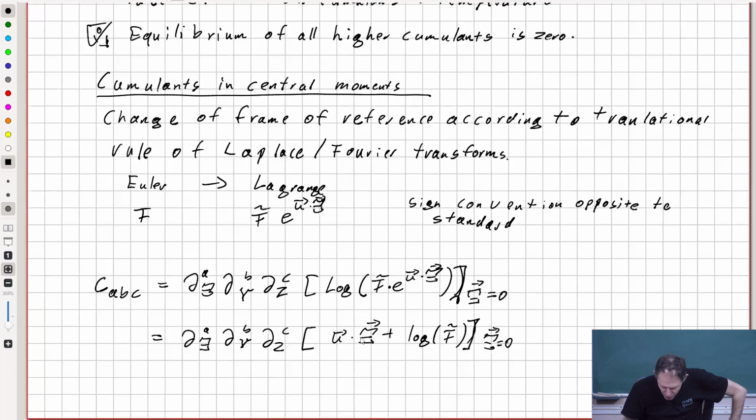So this means, because u only comes in the first derivative, and here is no u in it anymore, that all but order 1 cumulants are frame independent.